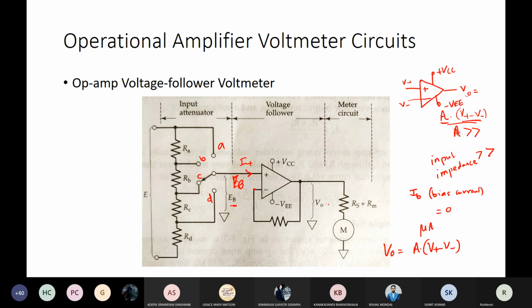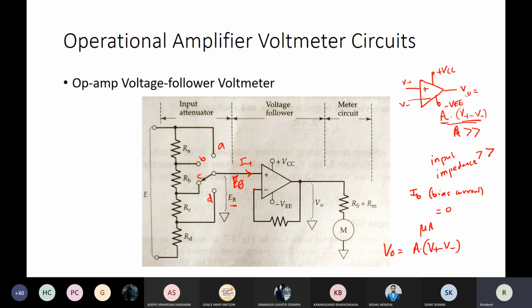What will be the potential at this node, at the negative input terminal of the op-amp? Should be the same as V plus. What does it mean? Whatever op-amp circuit you take, if you want to analyze its performance or build one, you can see that the op-amp will always try to bring these two potentials to the same level as much as possible.